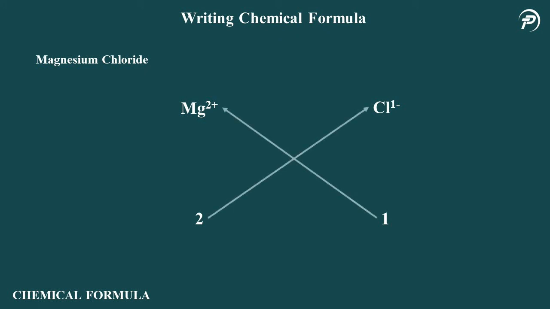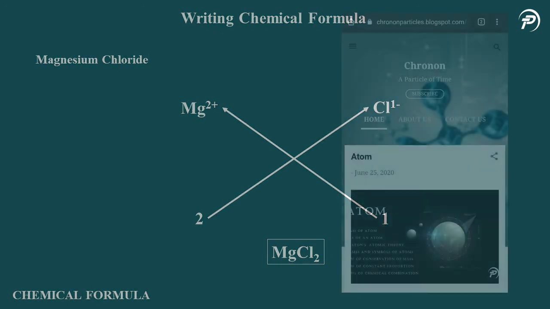Now we have to cross write the charges in subscript with another atom of the compound, and that is how we get our formula, which is MgCl2.